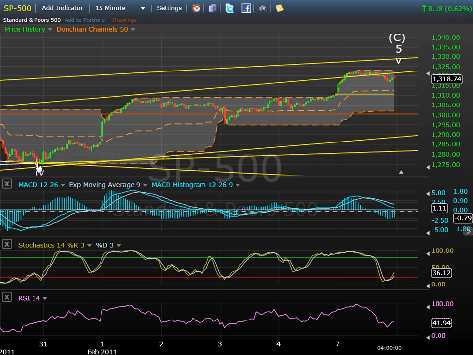So, that said, we had a wave 4 of 5 of C completing at this level. After that, let's go ahead and count the waves, knowing that under this best interpretation, we are in the 5th and final wave of the correction from the March 2009 lows.